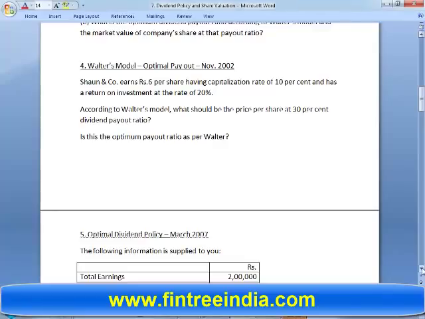It should be 102, maybe. What is your answer? 84. 4.2 and 1.8. So 4.2 into 2, 8.4. 8.4 plus 0.8, 9.2, 10.2. 10.2 divided by 10%, it should come to 102. Dividend rate. It's 102.